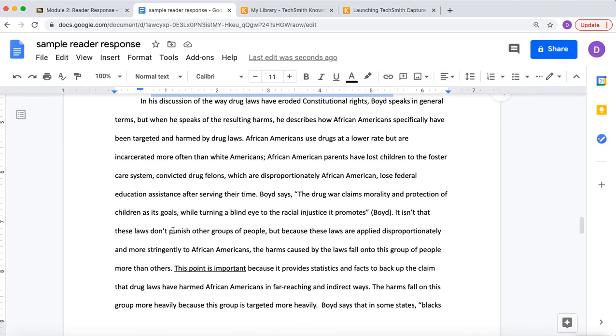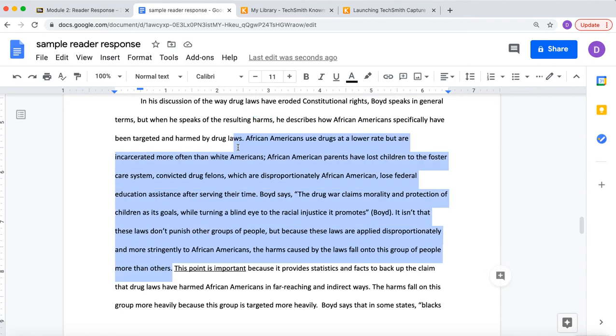This next paragraph is on harms, and it's organized in the same way. The first part of it is summary.